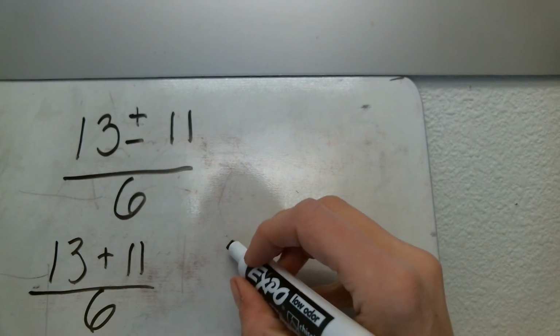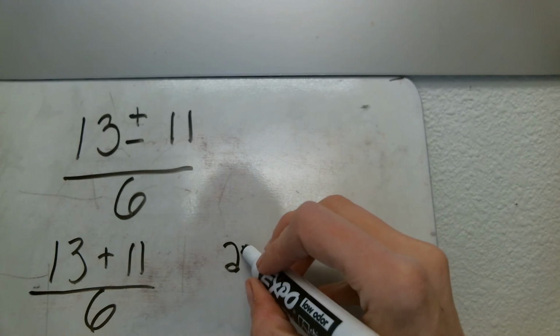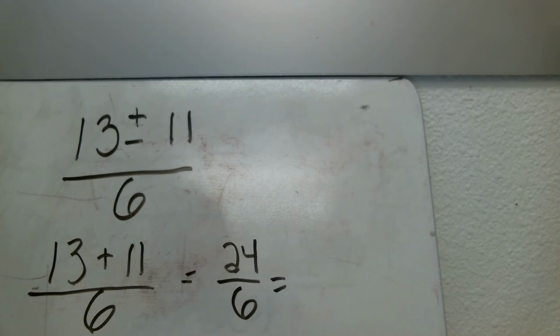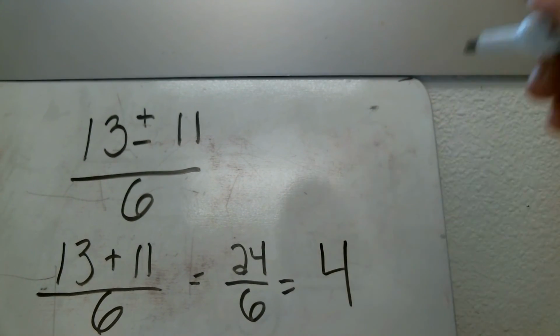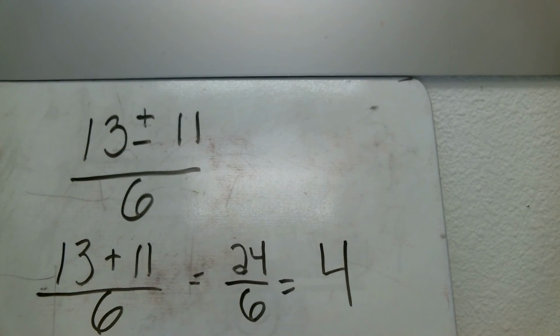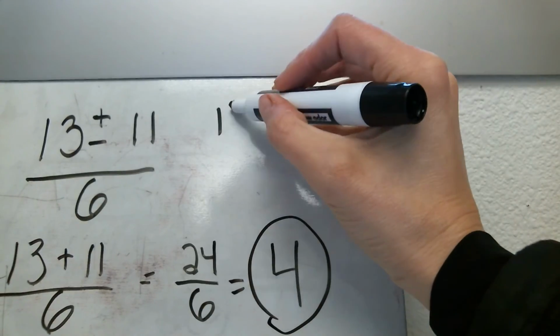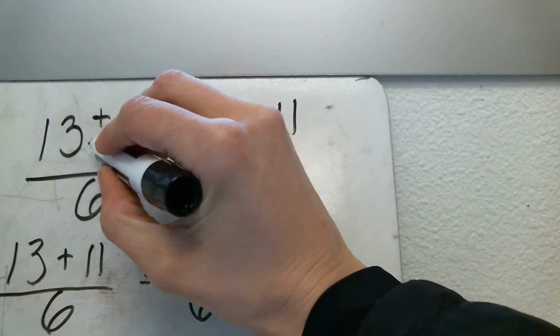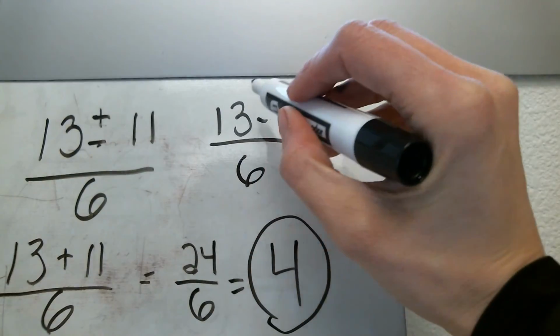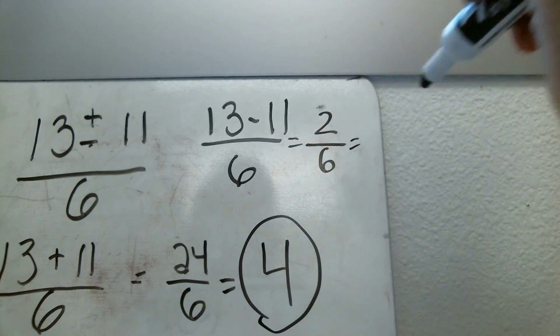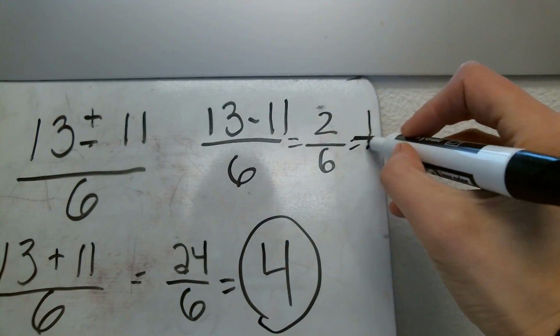So 13 plus 11 gives me 24 divided by 6, which equals 4, because 24 divided by 6 is 4. So 4 is one of my answers. The other one is going to be 13 minus 11, because I'm going to take the minus, divided by 6. So 13 minus 11 is 2 divided by 6. If I simplify this fraction, I get 1/3.